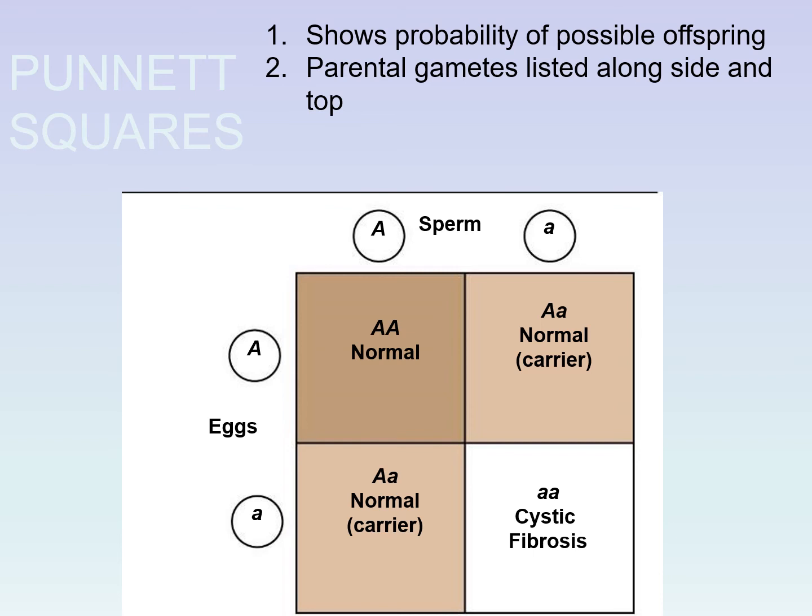Therefore, each square of the Punnett square shows you a possible zygote that could develop. Each square answers, what kind of baby can I have? And then we can calculate the probabilities or percentages as to how likely a certain type of baby would be. Remember, I have an entirely different PowerPoint for working these different types of Punnett squares.